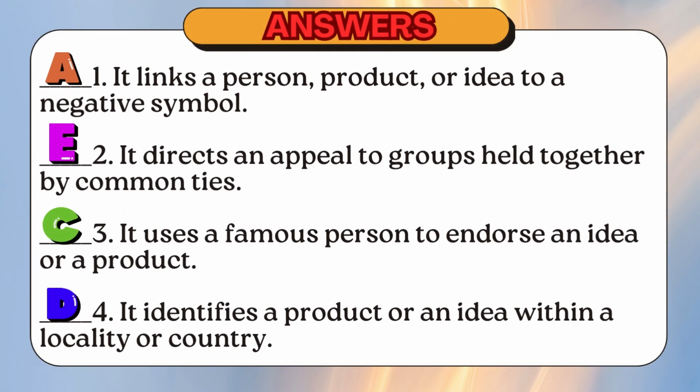It links a person, product, or idea to a negative symbol. Answer: A. Name-calling. 2. It directs an appeal to groups held together by common ties. Answer: E. Bandwagon. 3. It uses a famous person to endorse an idea or a product. Answer: C. Testimonial. 4. It identifies a product or an idea within a locality or country. Answer: D. Plain folks.